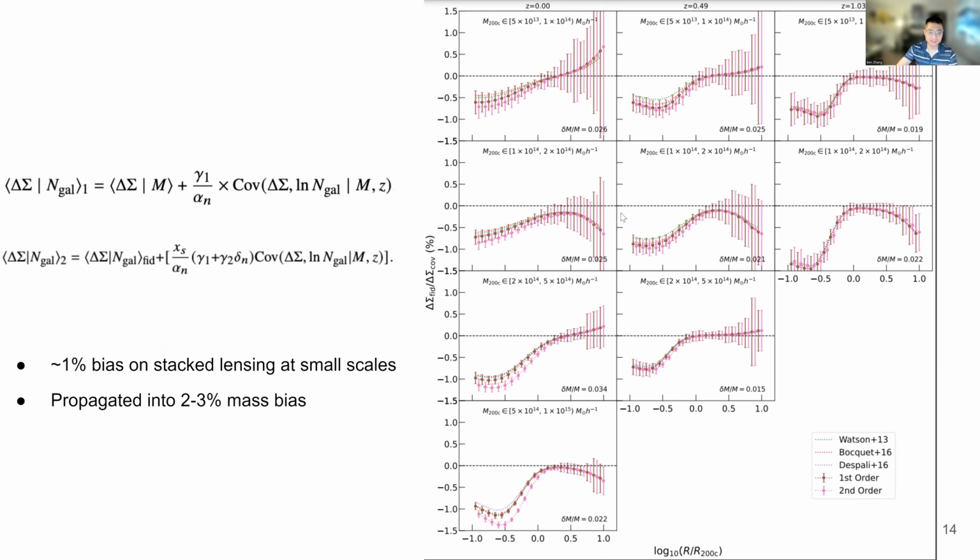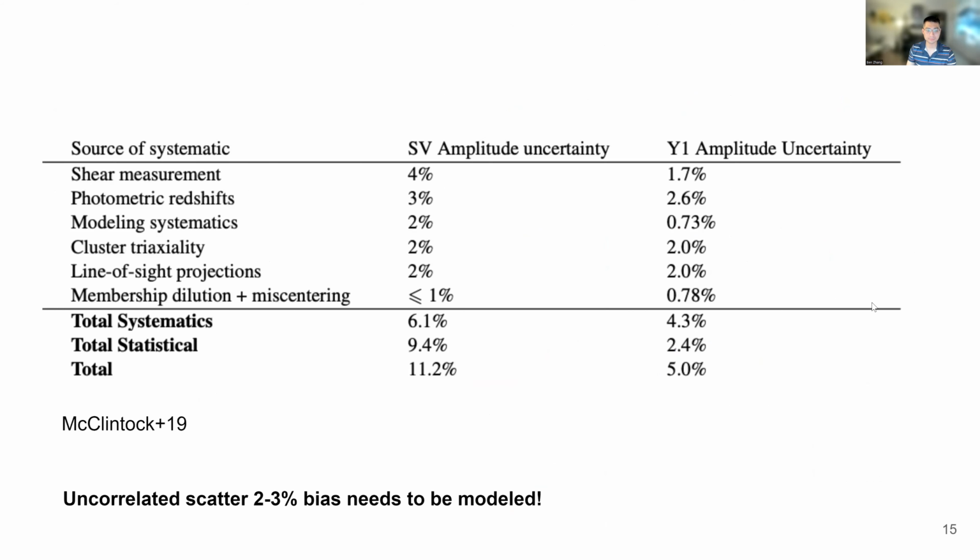When we propagate this correction of delta sigma into a mass bias by propagating it onto a change in the posterior of the NFW profile, we find that it propagates into a 2 to 3% mass bias. As I had alluded to in a previous paper by Tom McClintock, systematic uncertainty is on par with statistical ones.